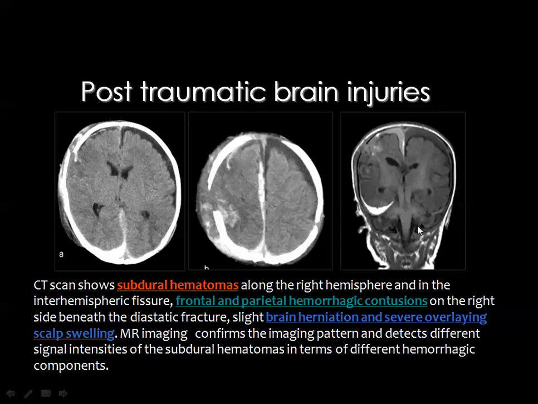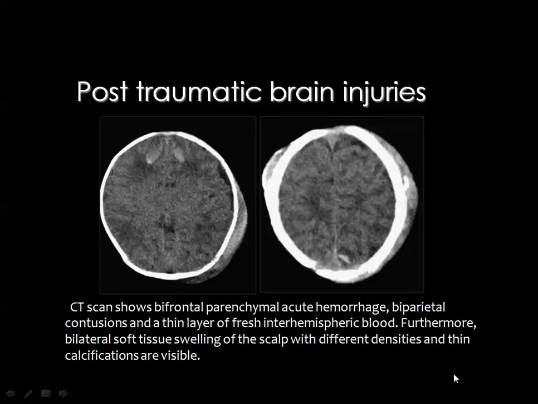In the coronal T1 weighted MR image, you can appreciate the subdural location of the hematoma. Then this is a traumatic brain injury showing bilateral frontal hyperdensities representing hemorrhagic brain contusions, and a small hyperdensity in the posterior parietal area representing another contusion.